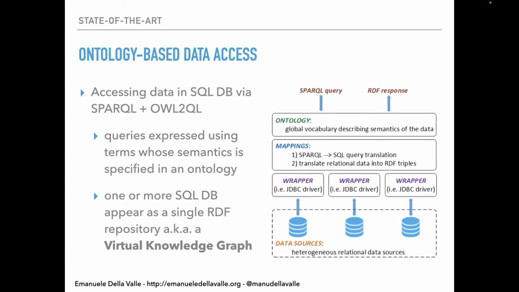This is also called the virtual knowledge graph approach, because from the top, it looks like you have a huge knowledge graph made of billions of triples that you can query through SPARQL and ontological terms. But in practice, this gets reduced down to using stable and highly optimized SQL technology.